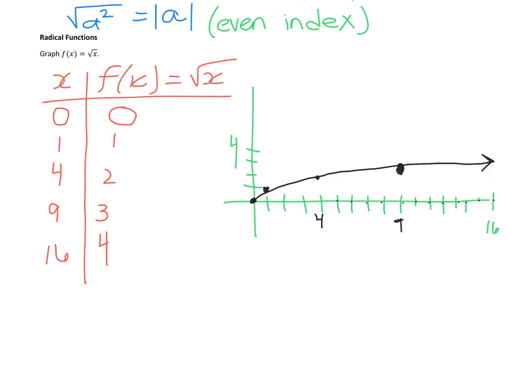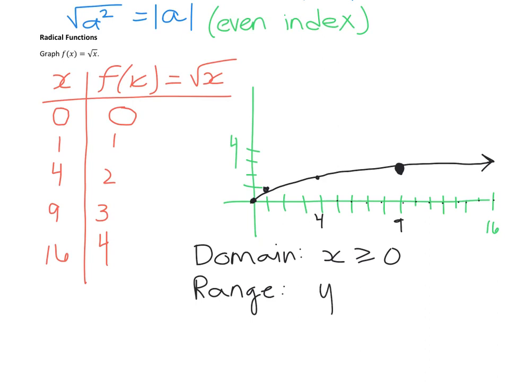I'll just make that dot big. There we go. All right, and then this is the basic shape of our square root function. This time we have a domain restriction, definitely. And the nature of square roots are always positive. So our y value is also going to be greater than or equal to 0. So there you go.